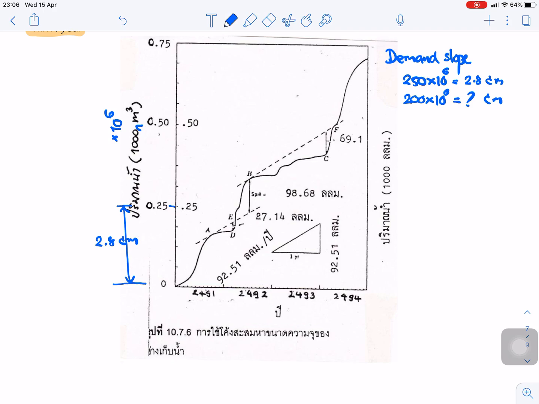Okay, and for example you can make slope like this. Assume. And next we can draw the slope and measure this length, for example, to find the storage, the reservoir size, the reservoir storage. Okay.